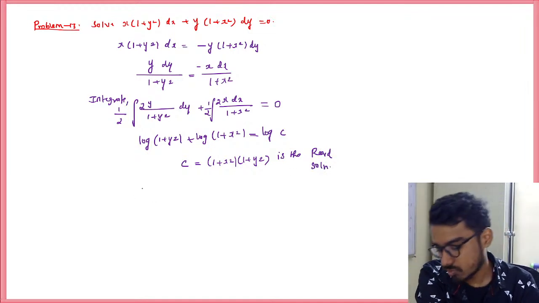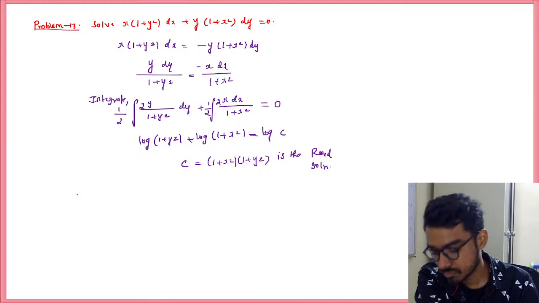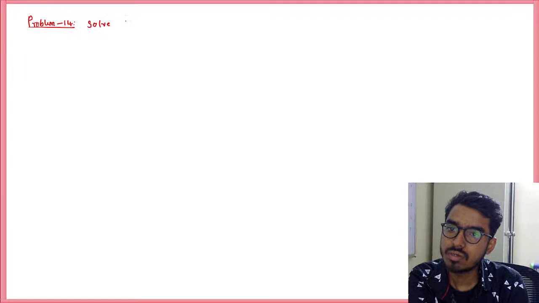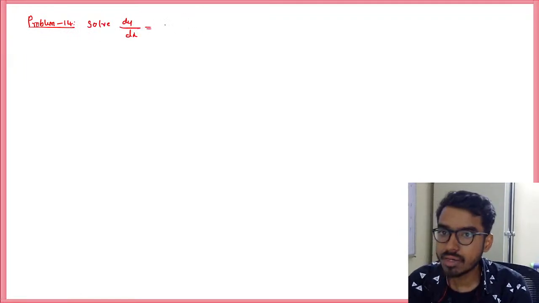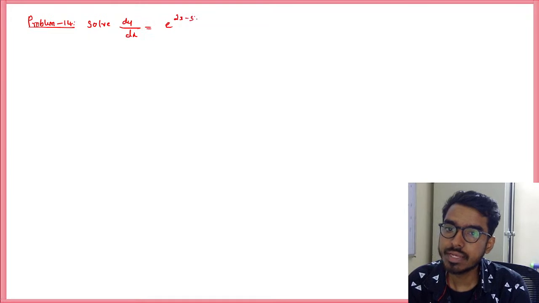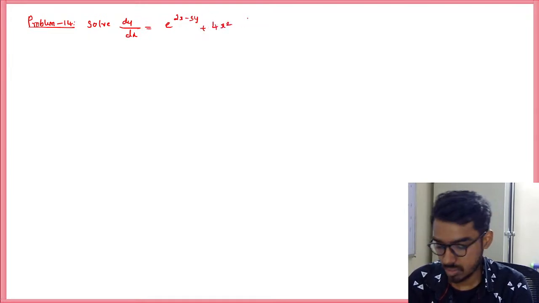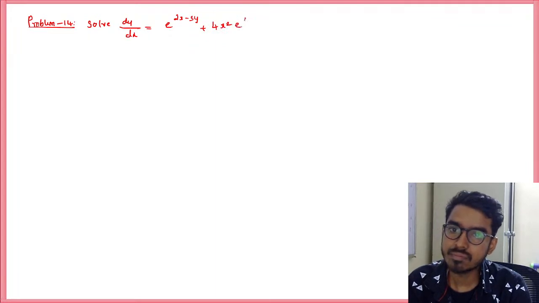Right. So we move on to problem number 14. To solve, dy by dx is equal to e power 2x minus 3y plus 4x square e power 3y.